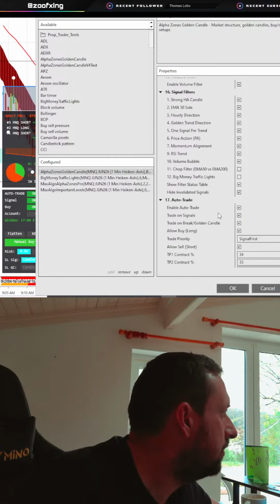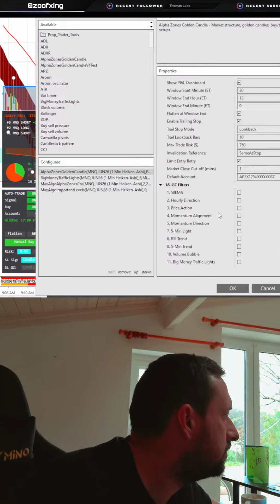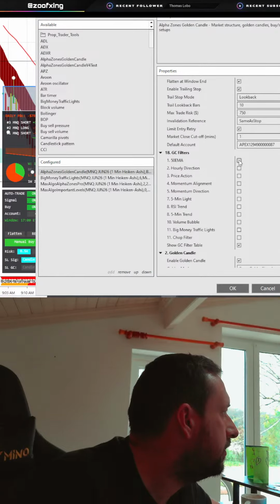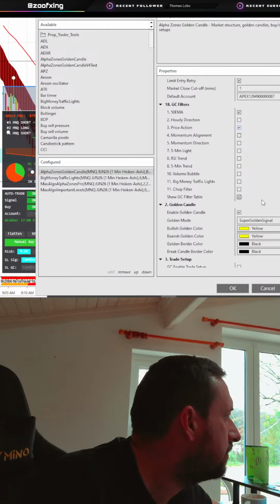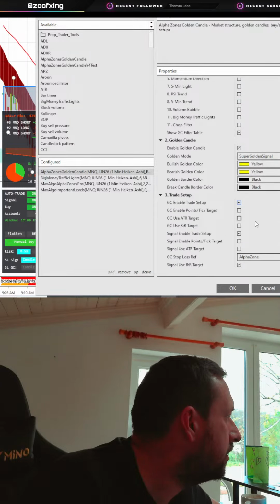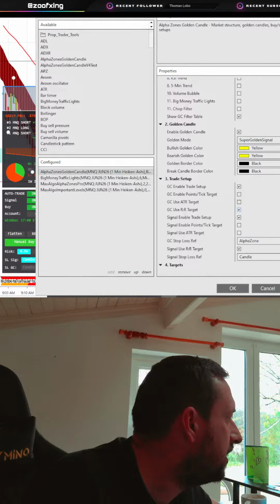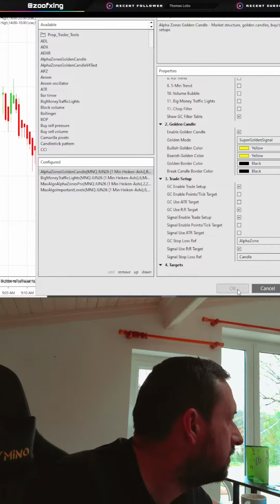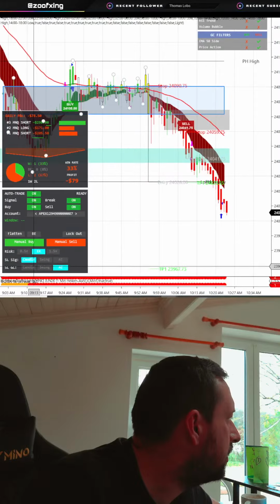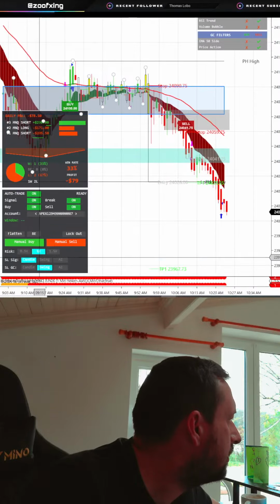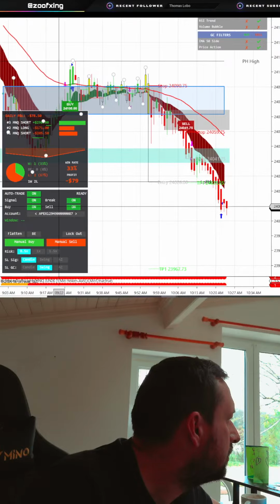So I want my break candle using the 50 price action, and I'm going to use risk to reward from a break candle, apply. Okay, and then I'm going to use swing, 0.5 risk, and I only want to take a sell.